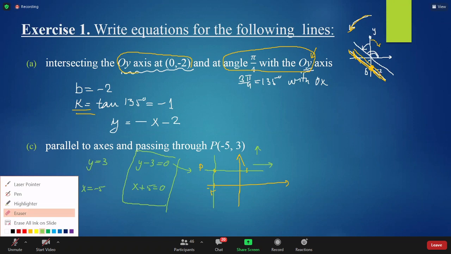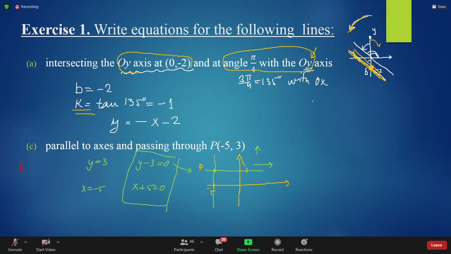So for the horizontal line, the normal vector is vertical. So we could say that the vertical normal vector is 0, 1. There's no need to take anything else.